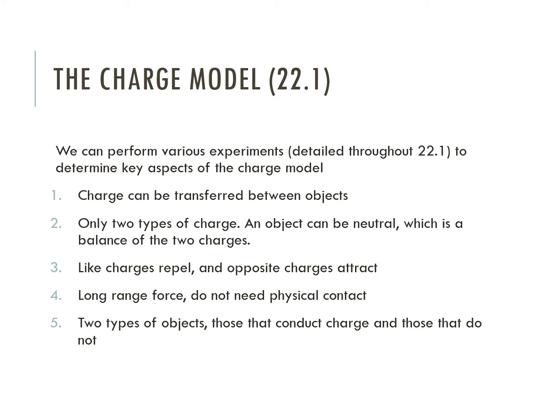And then there are two types of objects, those that conduct charge and those that do not. So those that conduct charge are called conductors. Really original name. And those that do not are called insulators. And this is something that when you get into doing more electricity type things, insulators and conductors are going to be more important.